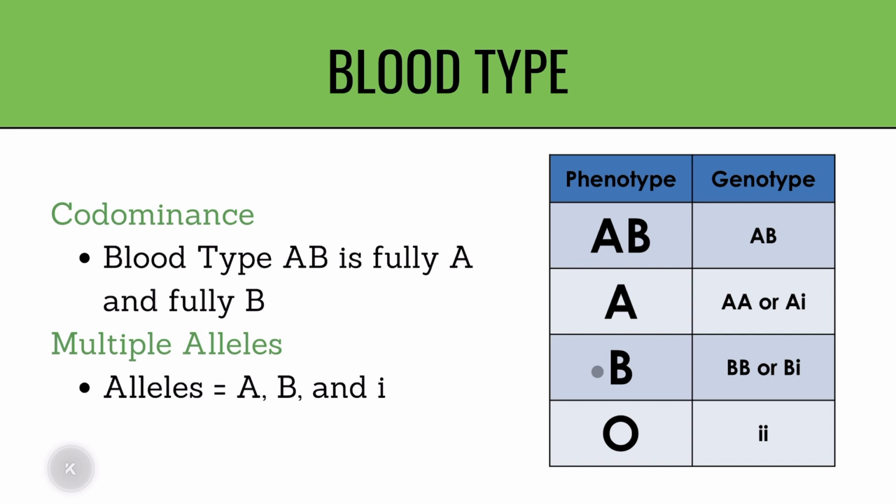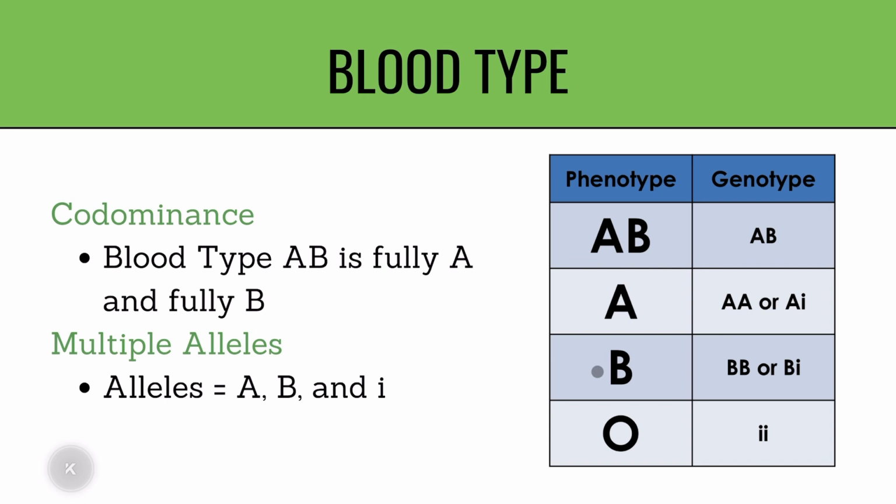I have the allele A, I have the allele B, but I also have a third option, I. So there are 4 different blood types, which are represented by the phenotypes here. So you have blood type AB, blood type A, blood type B, and blood type O. The genotype that codes for those blood types are listed right beside it.